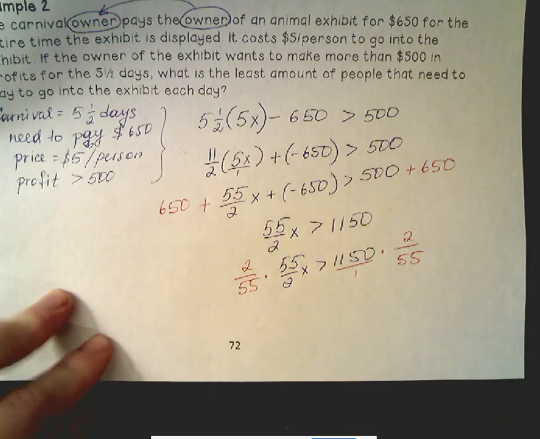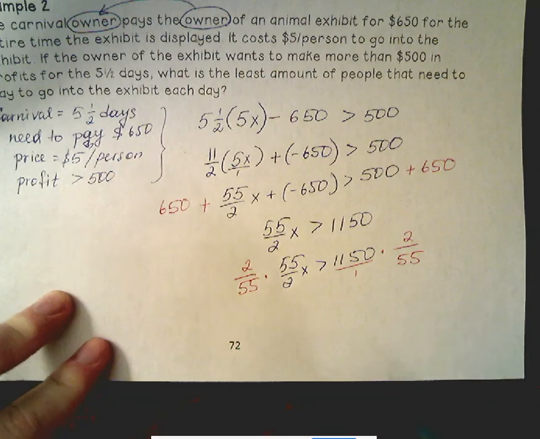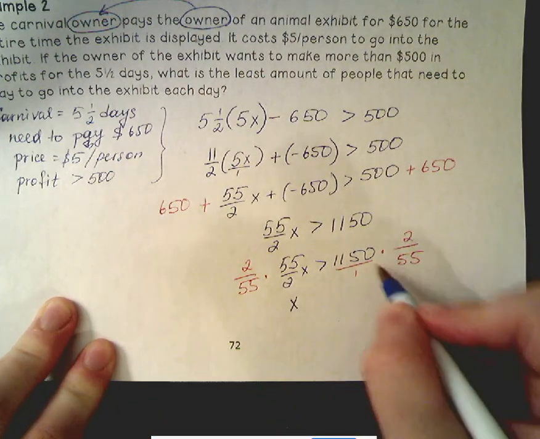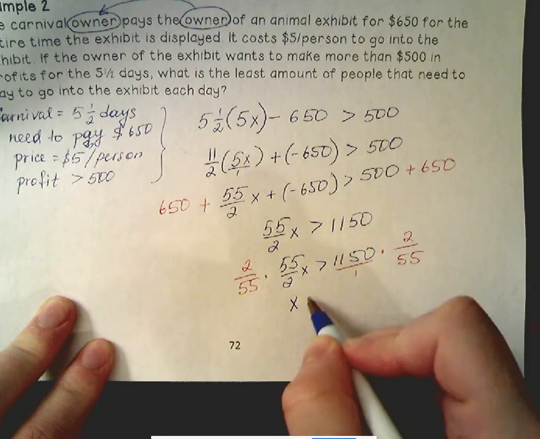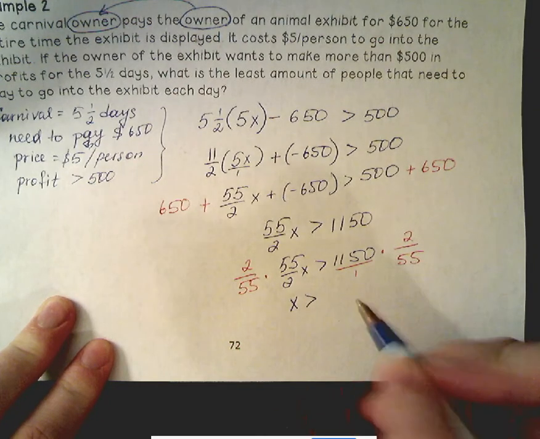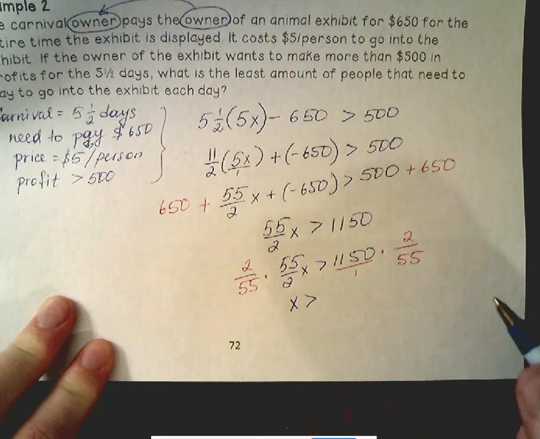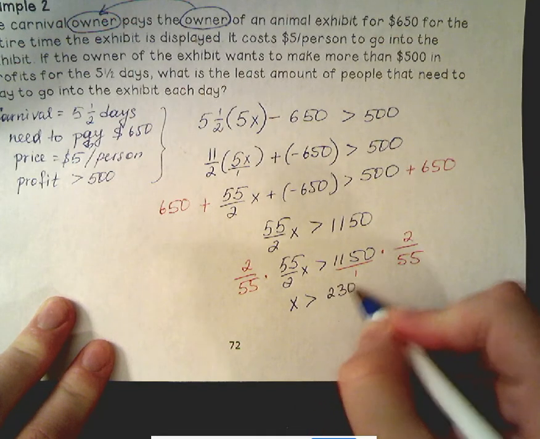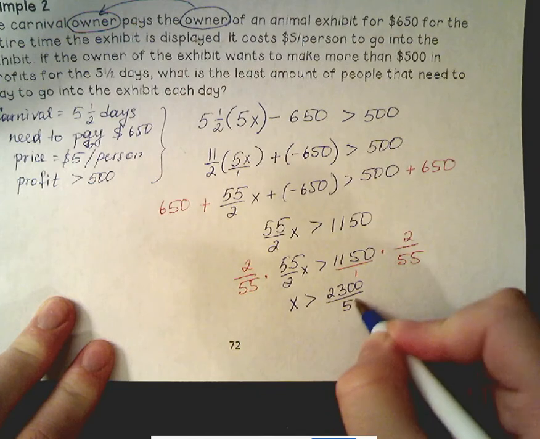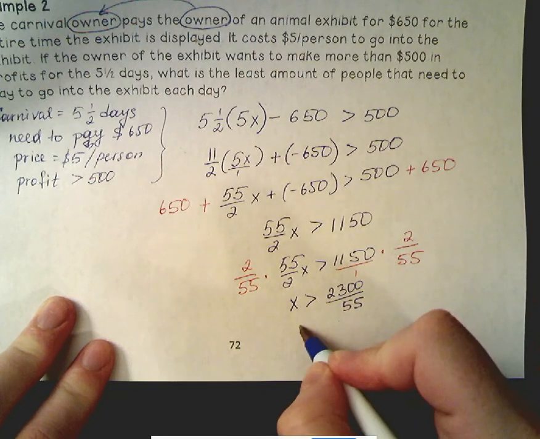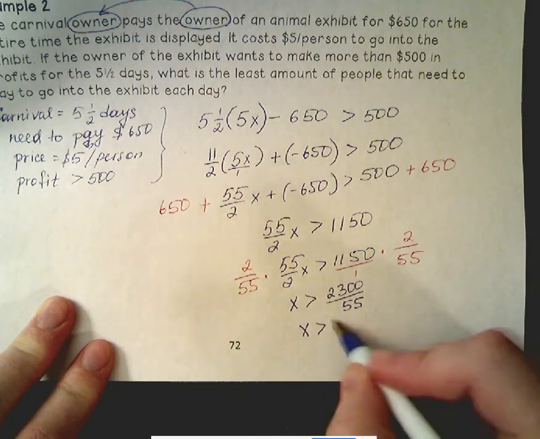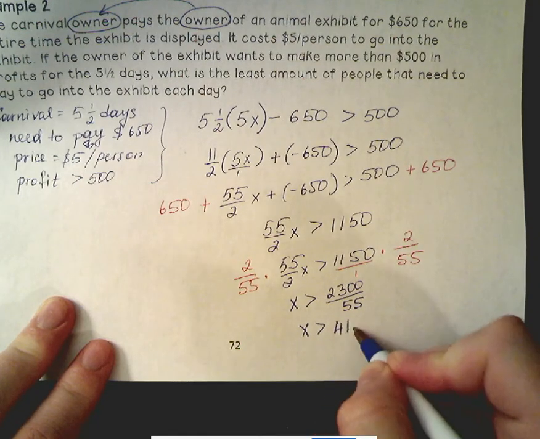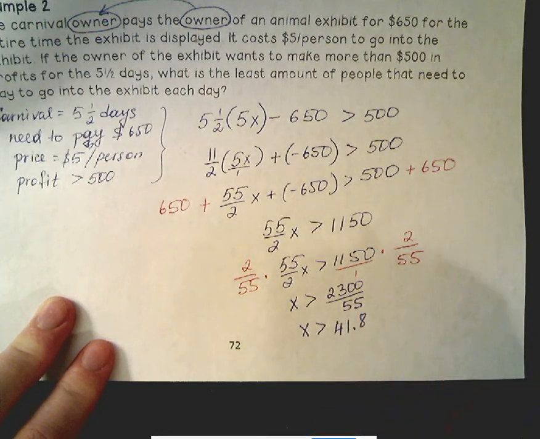Okay, once we do that, we will have 1x on the left side remaining. Since we are multiplying by a positive number, the sign stays the same, is preserved. And we will get 2,300 over 55, which is x is greater than, when we divide these two numbers, we will get 41 and 8 tenths.